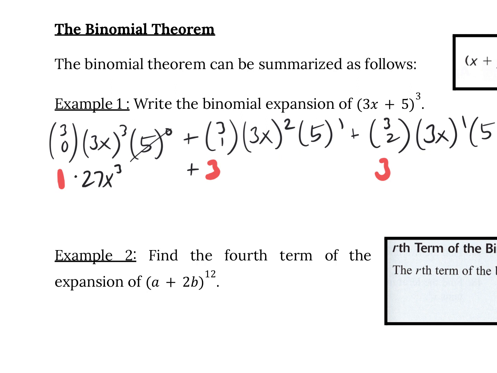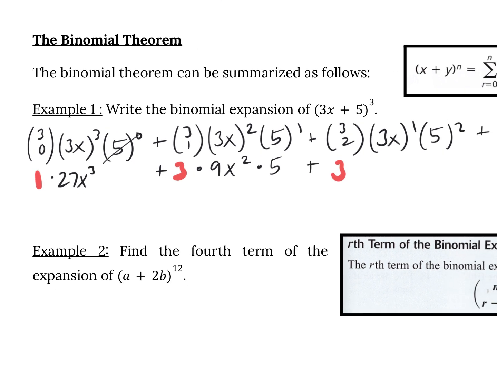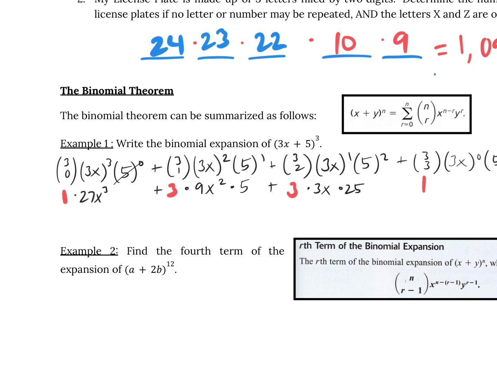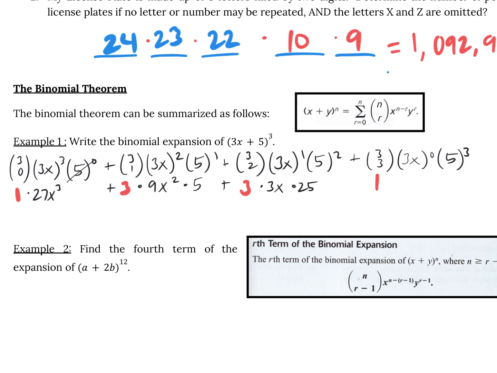And then 3x squared is the same as 9x squared times 5. Then I would have 3x to the first, so times 3x, and then 5 squared is 25. And then lastly, 3x to the 0 is 1, but 5 to the third would be 125.